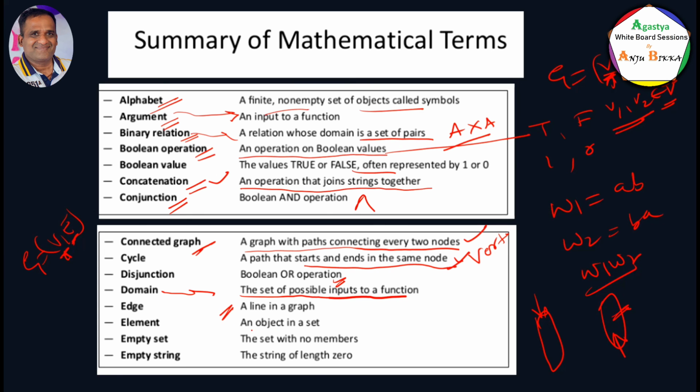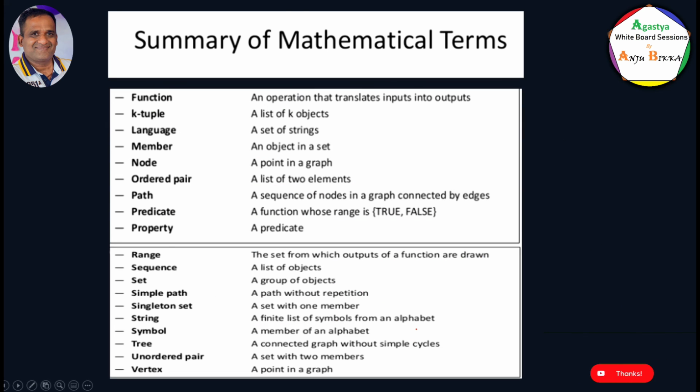And element, an object in a set is called an element, empty set with no members, and the empty string is also called epsilon, a length of 0. Also a function we discussed, an operation that translates the inputs into outputs like this.